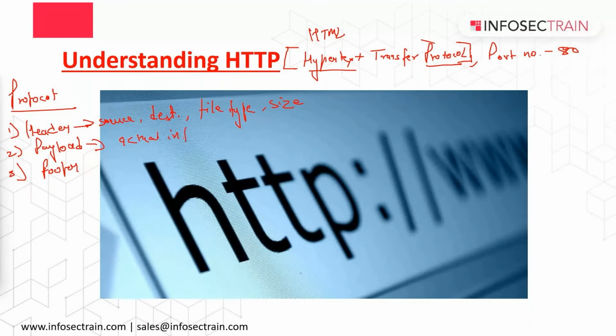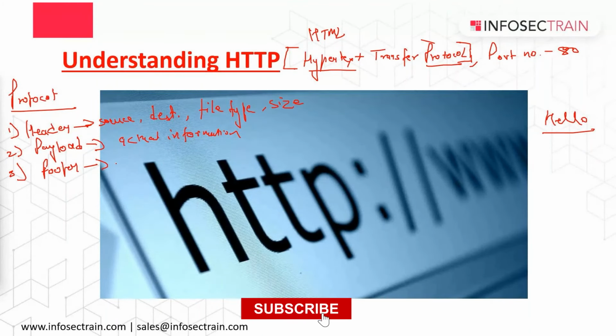So if I'm sending you a message, let's say I'm sending you a hello, that is the actual message I'm sending. The source and destination information will be in the header. Then there is the footer. What is the footer? It makes sure that your payload data is transmitted free of errors, right?